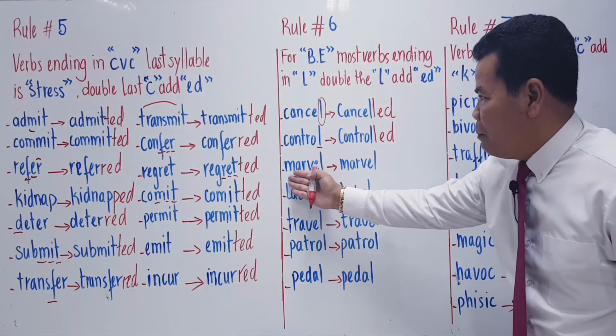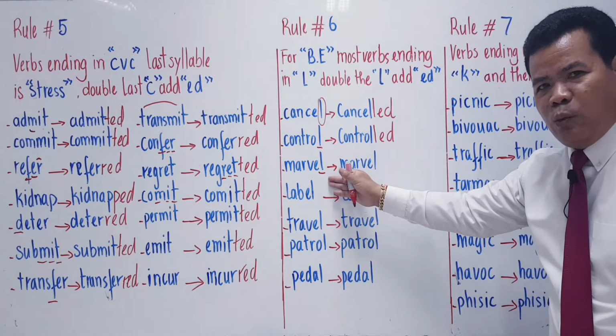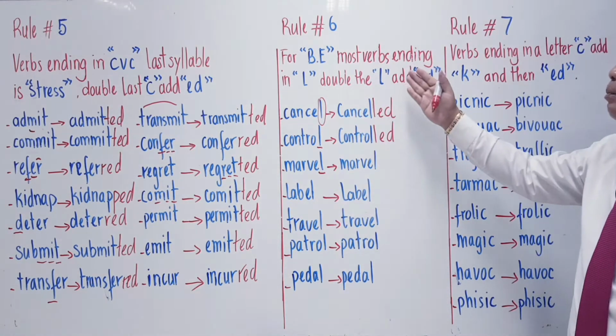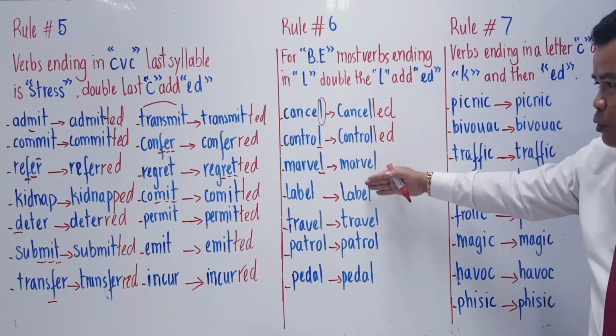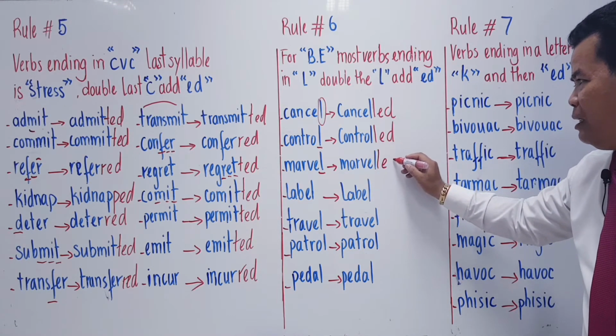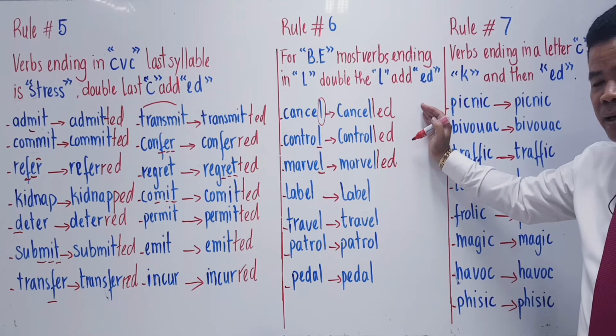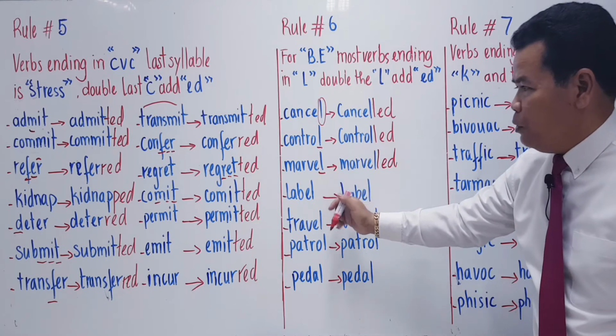Another example, marvel. Marvel has a single L at the end of the verb. So before changing to the past participle, we have to double one more L and then don't forget ed, as rule number 6 says. Understand?